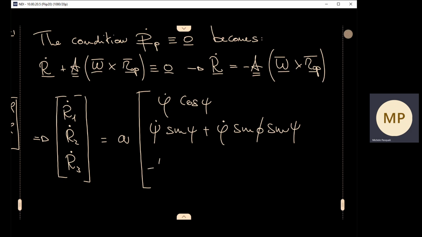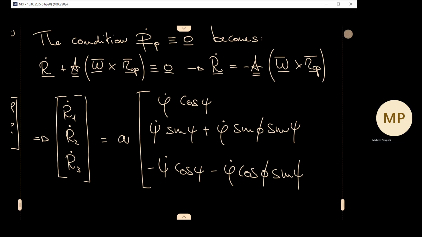And then we have minus psi dot, the cosinus of psi, minus phi dot, the cosinus of capital phi, sinus of psi. Okay?